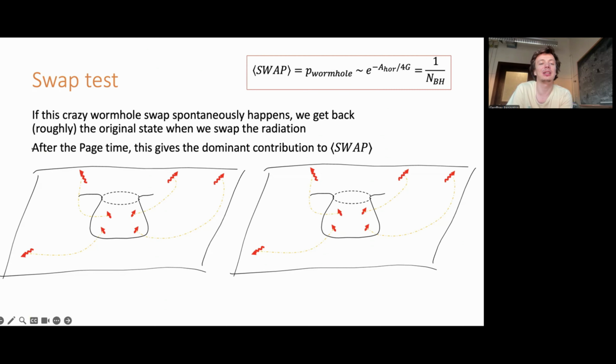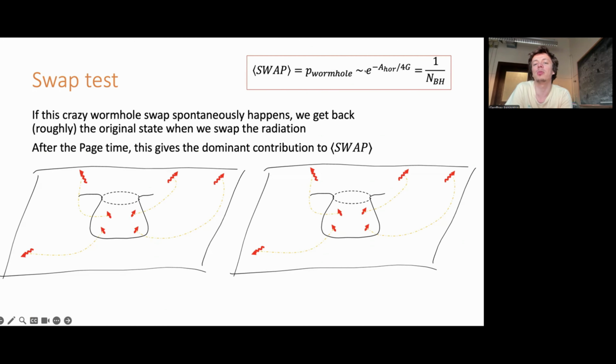Turns out that exactly after the Page time, so exactly at the point where Hawking's calculation seemed to give nonsense, then the probability of a wormhole forming becomes bigger than the answer, the sort of classical space-time answer where nothing weird happens, and starts to dominate the expectation value of the swap operator.